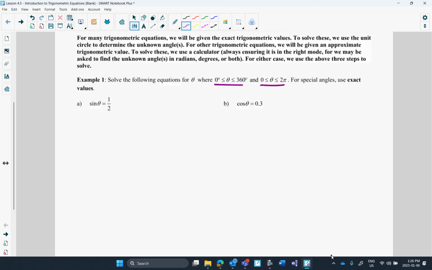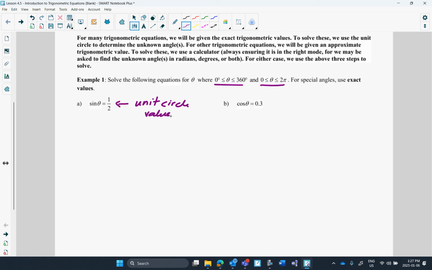If the answer to the trig equation, the angles that we're trying to find, is on the unit circle, one of the values, we don't have to do any calculator work. We just use the unit circle. And 1/2, well, that's a unit circle value. So I can use my knowledge of the unit circle to find the missing angles.